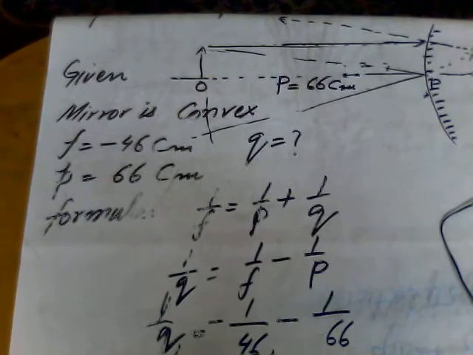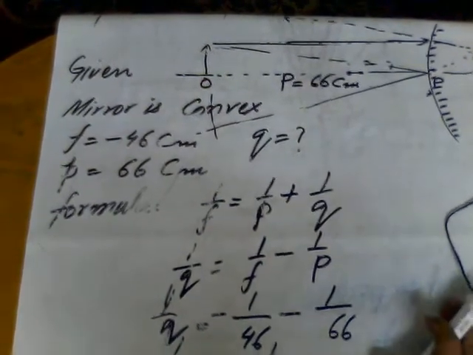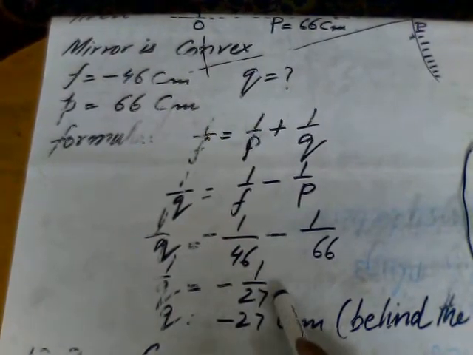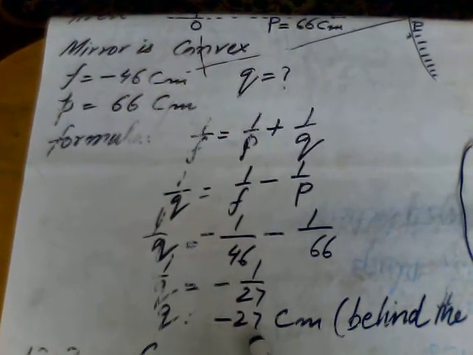We get minus 1 over 27. So 1 over Q is equal to minus 1 over 27. It means Q is equal to minus 27.